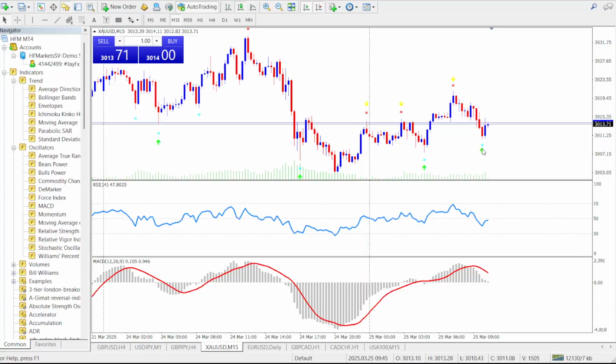So the Super Signal V3 indicator for MT4 is quite an effective tool for spotting market trends, identifying entry points, and confirming trade decisions. However, ensure that you always observe good risk management.